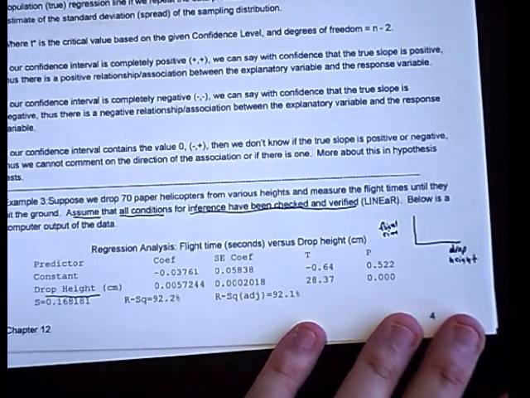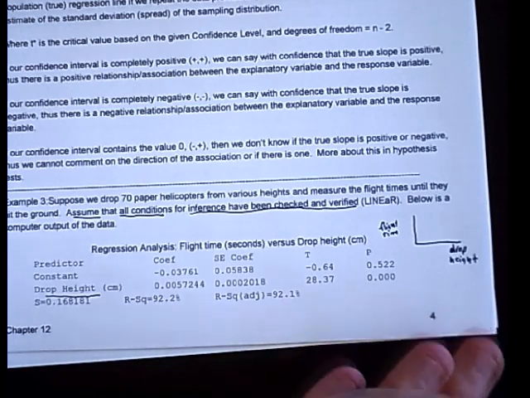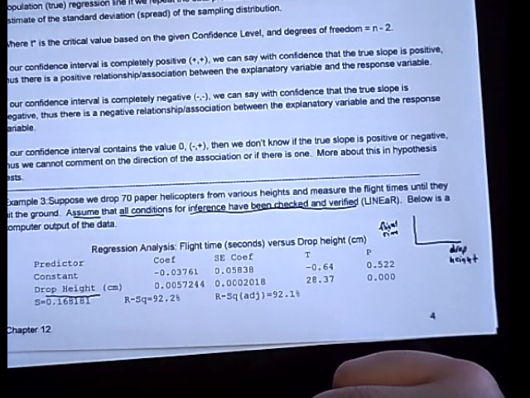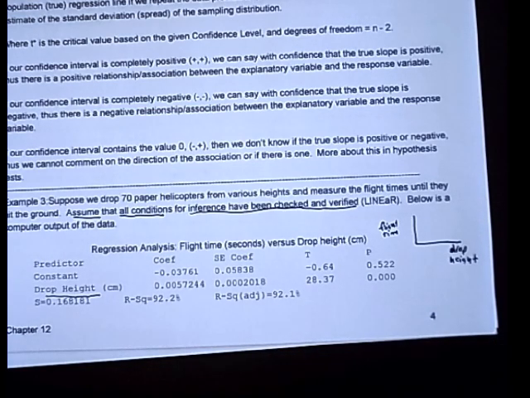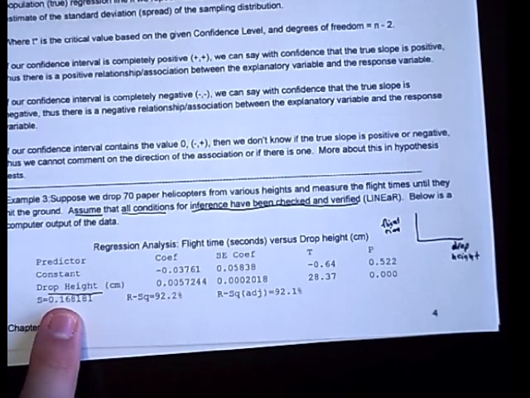So in this case, they're saying drop height explains how much flight time there was. Okay, it seems reasonable.